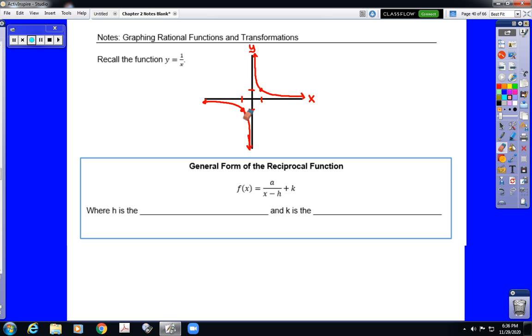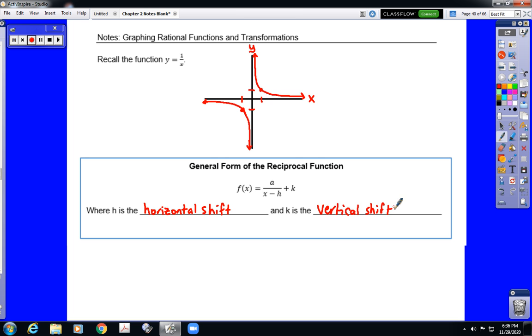This is the parent function for all reciprocal functions. And if we've got that function in the form f of x equals a over x minus h plus k, h is our horizontal shift, and k is the vertical shift.